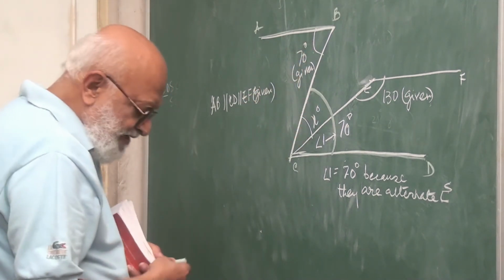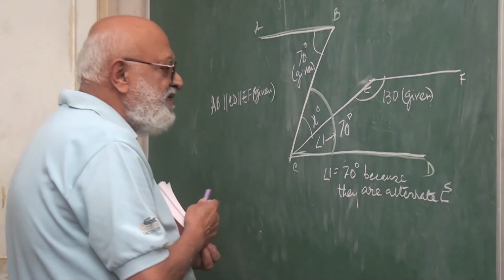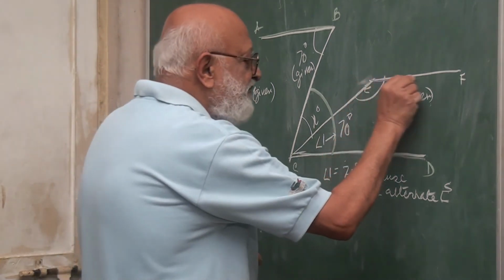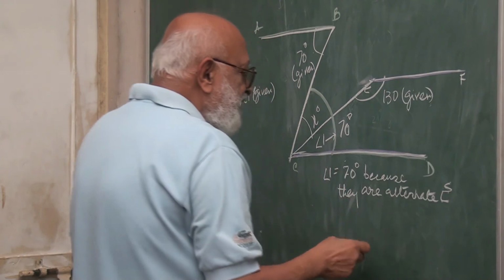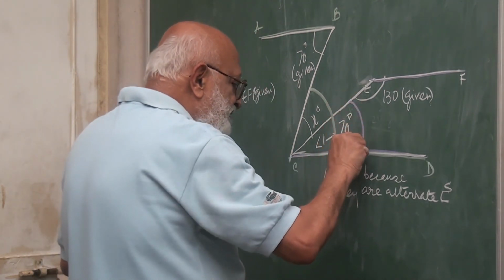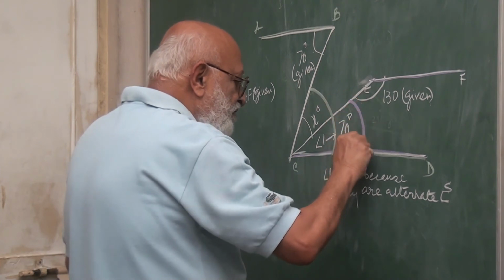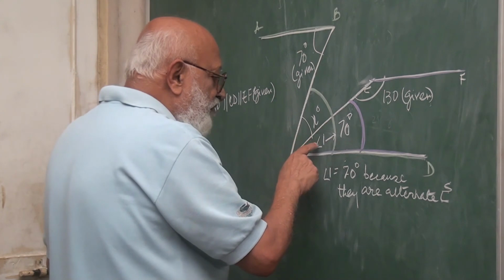Again, let us look at these two parallel lines. This parallel line and this parallel line. This angle, this small angle. This is the bigger one we have called angle 1.